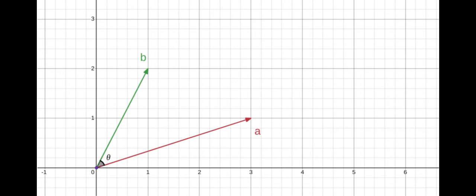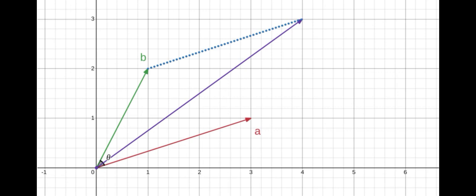Okay, so here's my two vectors, A and B, and I want to find the wedge product. And the way I do it is I add them together first. So I got A plus B or B plus A, it doesn't matter. Then I go tip to tip with this line segment, then I go tip to tip with this line segment, and that forms my parallelogram.